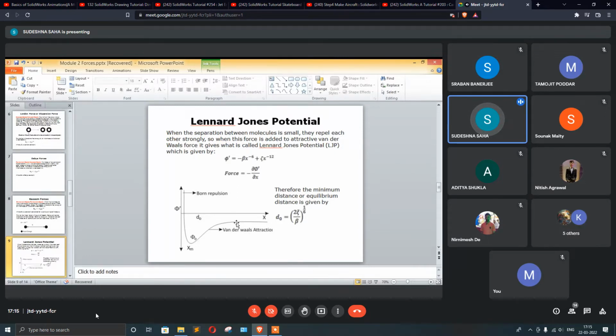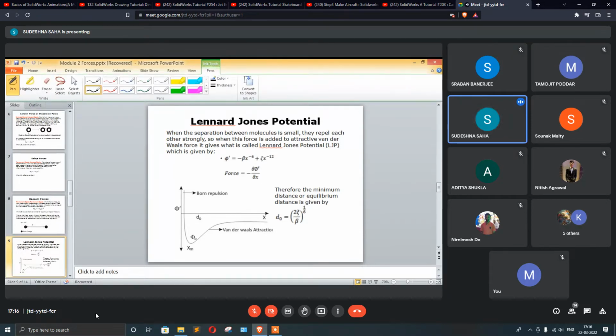Till now we talked about only the attraction forces, but as we all already know, if two molecules come very close to each other, they repel each other very strongly, and that is known as Born repulsion. When this repulsion force is added to the attractive van der Waals forces, it gives a potential known as the Lennard-Jones potential, given by this equation: phi prime equals minus beta x to the power minus 6 plus xi into x to the power minus 12.